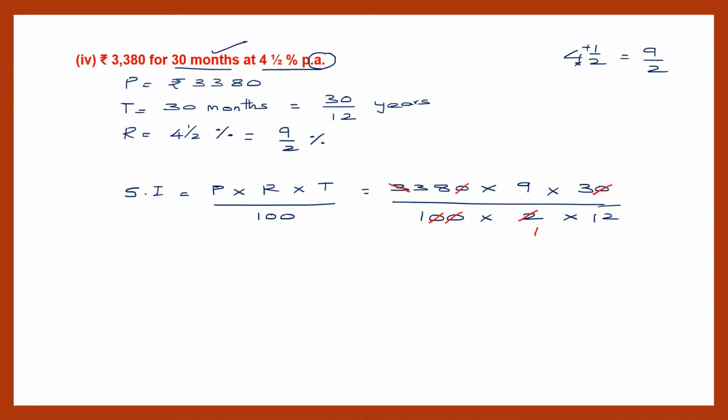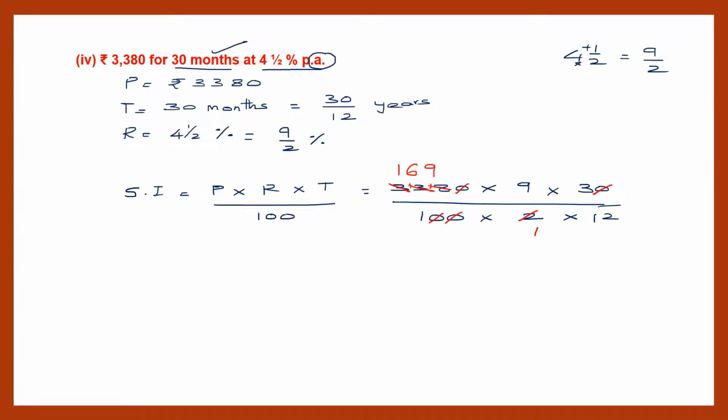Now here 2 ones are 2 and what is remaining? That's 3, so 1 is remaining. Now the number is 13. 2 sixes are 12. Now what's remaining? 13. 1 is remaining. Now it's 18. 2 nines are 18. Now if you're finding it difficult to cancel it like this, divide 338 by 2 and you will get 169.